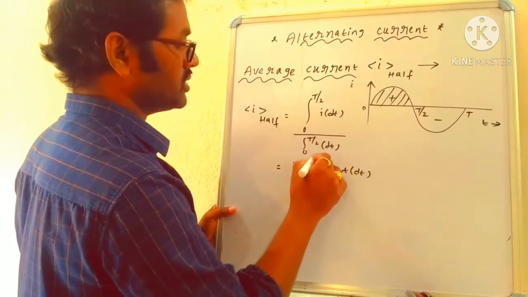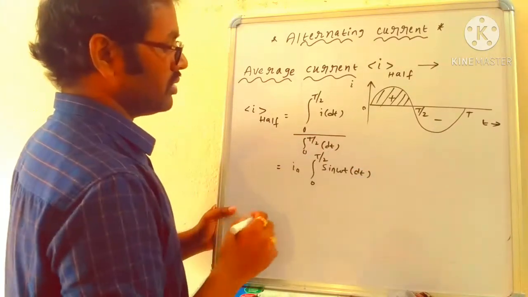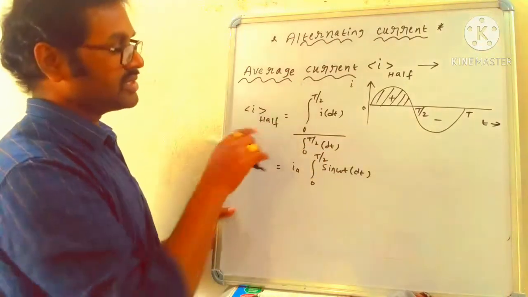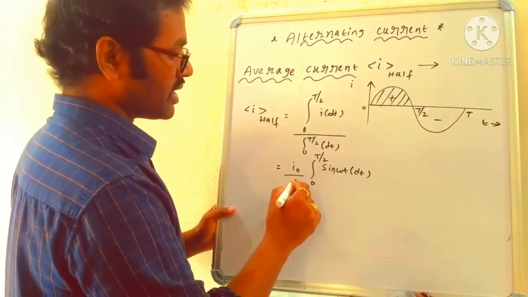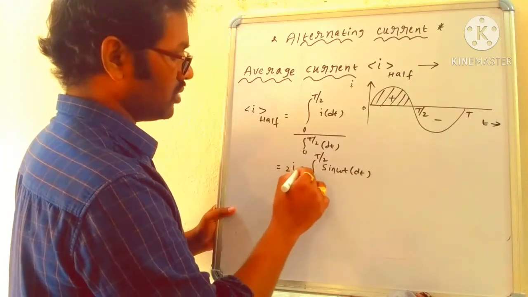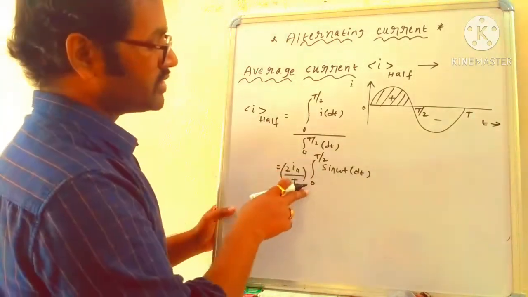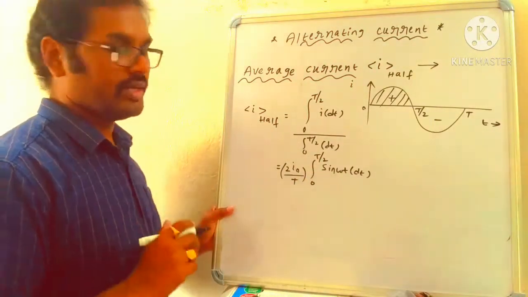Only the limits are changed, 0 to T by 2, and here the integral of dt is t with limits giving T by 2. So it is nothing but 2 I naught by T times the integral from 0 to T by 2 of sine omega t dt.